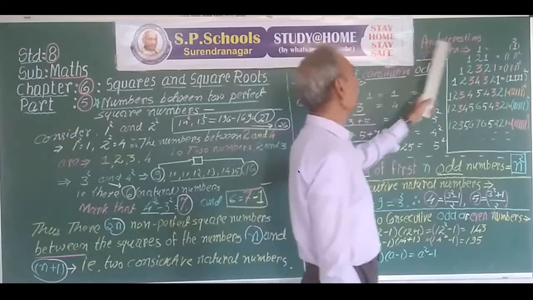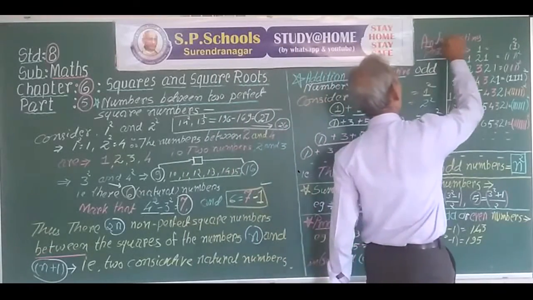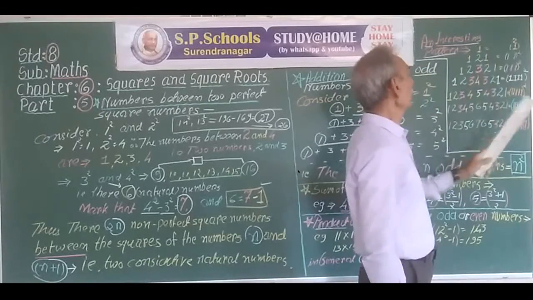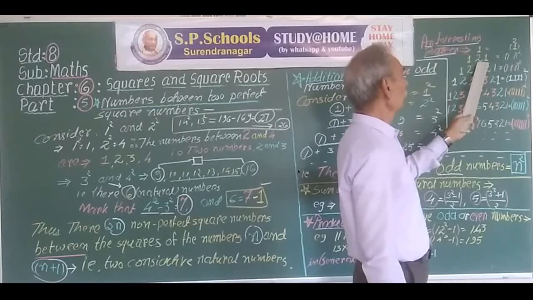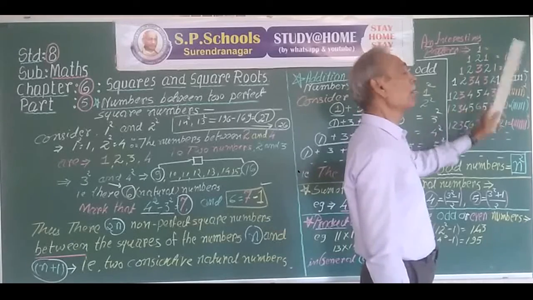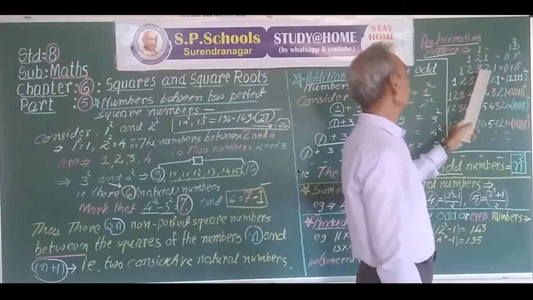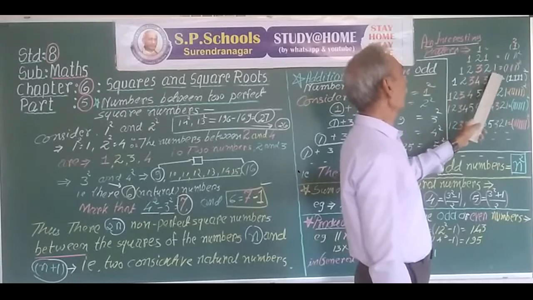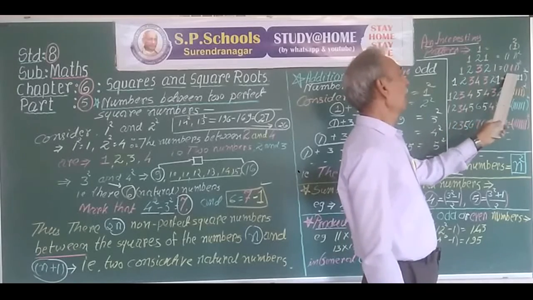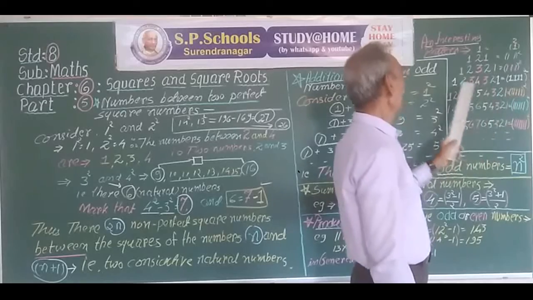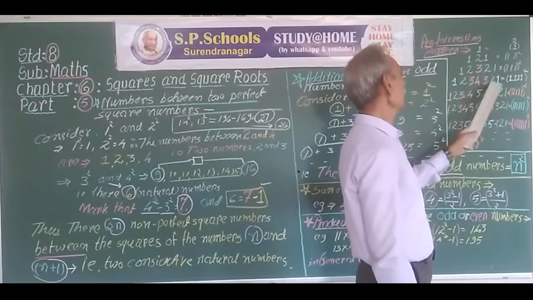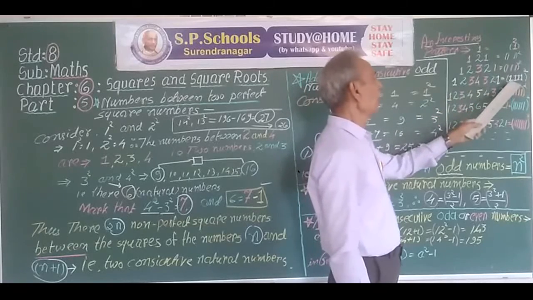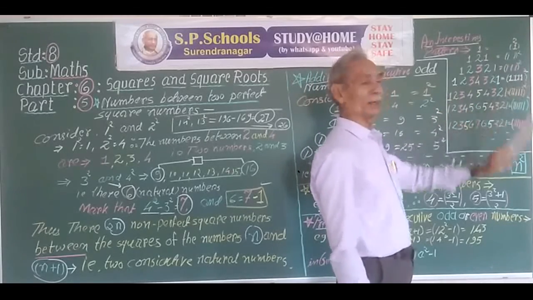Now here an interesting pattern is there. 1 is the square of 1. 121 is the square of 11. 12321 is the square of 111. 1234321 is the square of 1111.